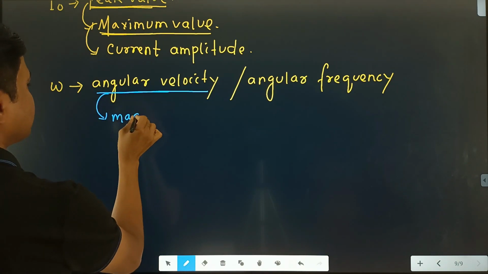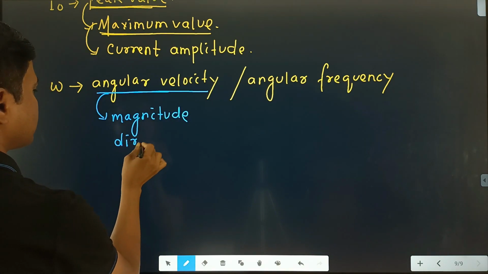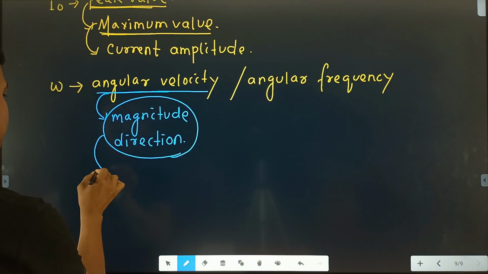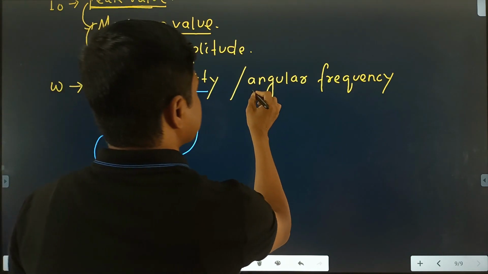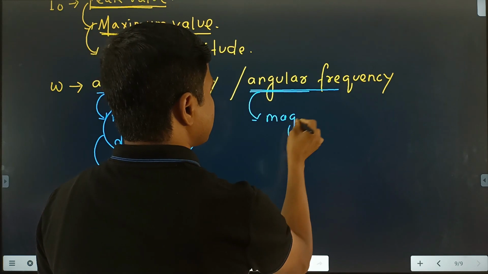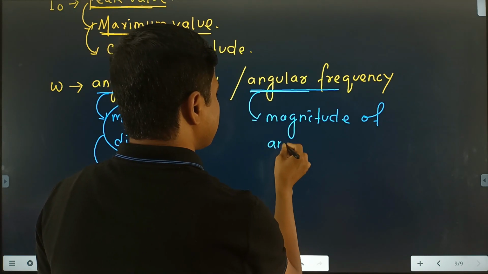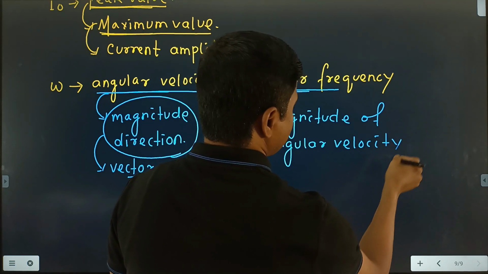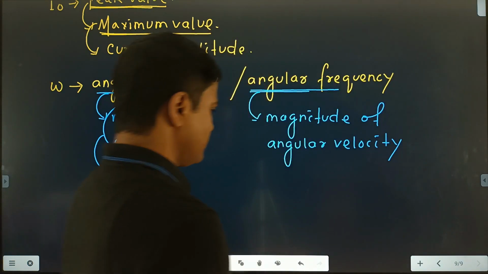That means magnitude is there and the direction is also there. But angular frequency is only the magnitude of the angular velocity. If we take only the magnitude of the angular velocity, that is known as angular frequency.